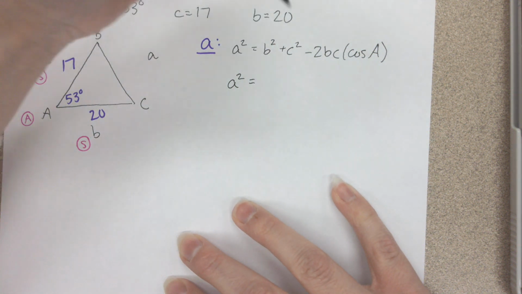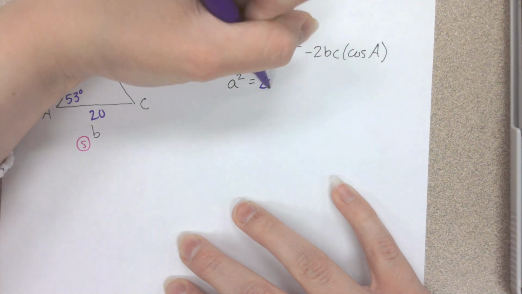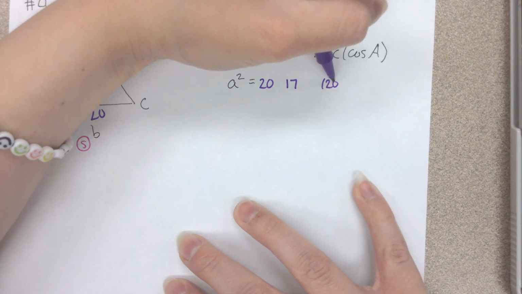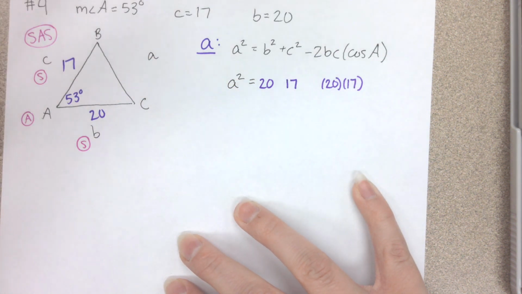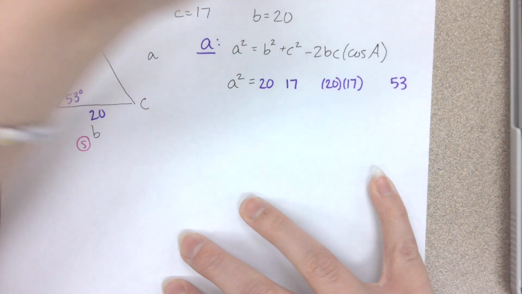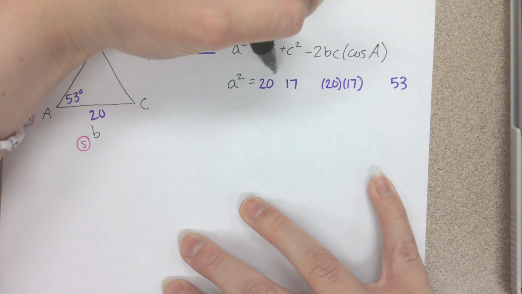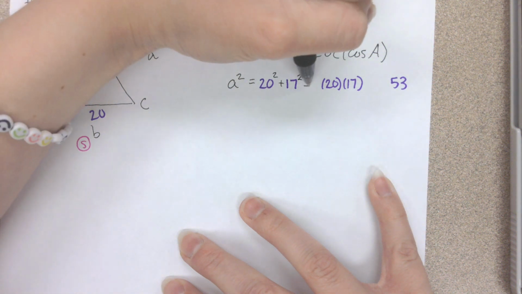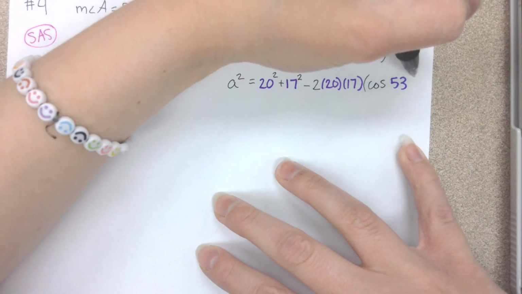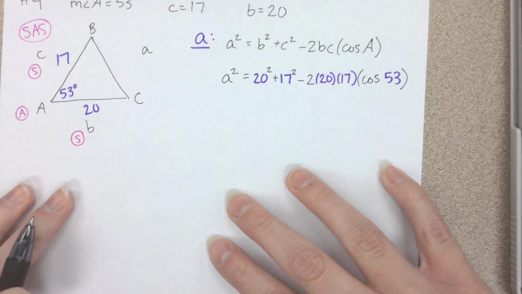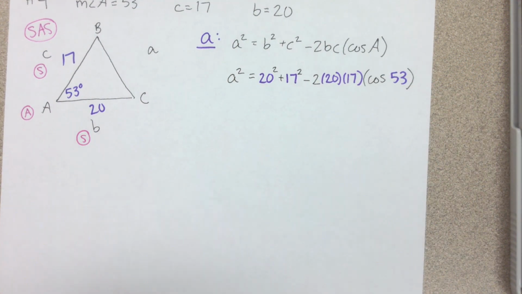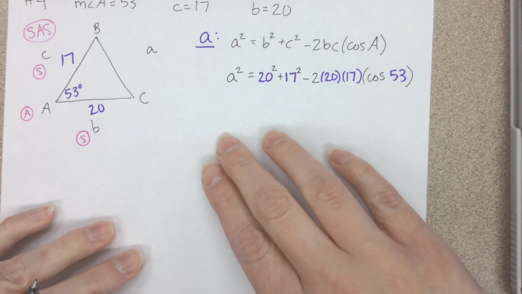We have B is 20, C is 17. 20, 17. And then angle A is 53 degrees. So we have 20 squared plus 17 squared minus 2 times 20 times 17 cosine of 53.